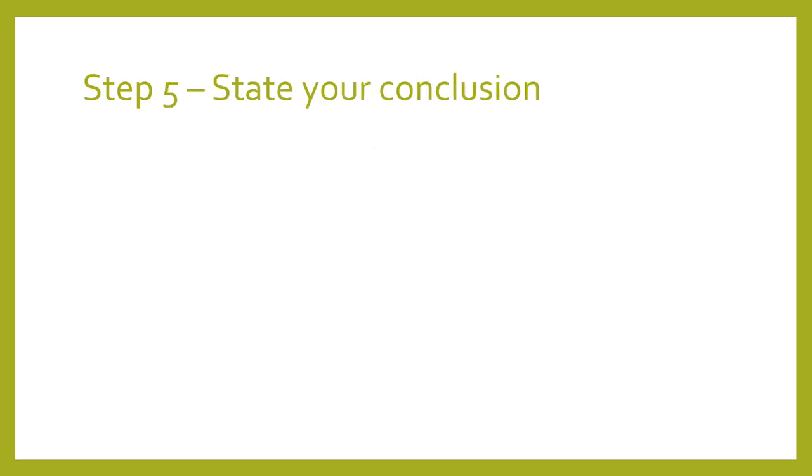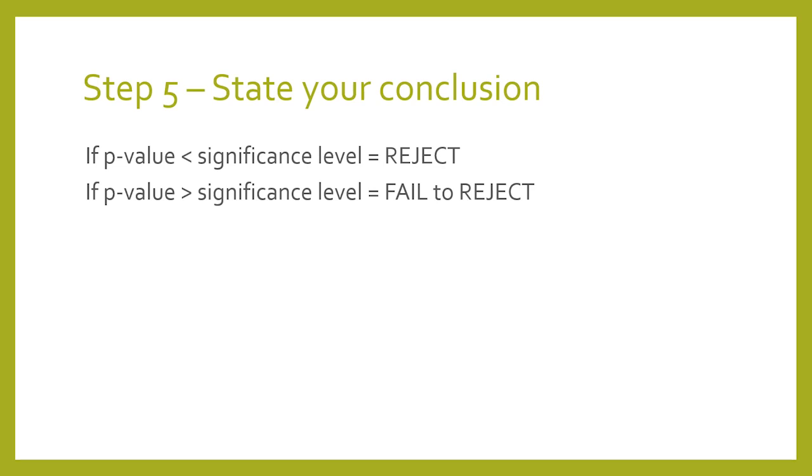Now that we have our p-value, we can make a conclusion. We have two options. We can either reject the null hypothesis or fail to reject the null hypothesis. To do this, we'll compare our p-value to the significance level stated in our problem. If our p-value is smaller than the significance level, then we will reject the null hypothesis.